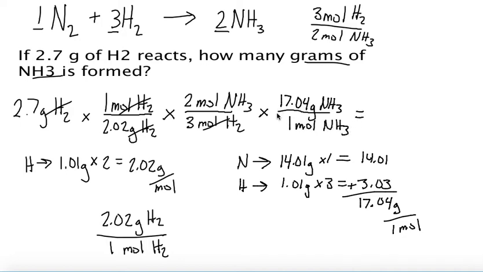And hey, look at that. Moles of NH3 cancels out, leaving me with grams of NH3, which is what I'm trying to figure out. I can go through now and do all the math, and it will give me my final answer in the end. So it would be 2.7 times 1 divided by 2 times 2 divided by 3 times 17.04 divided by 1.